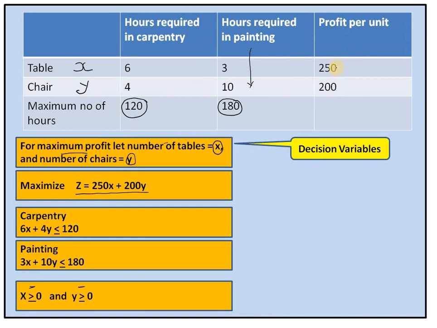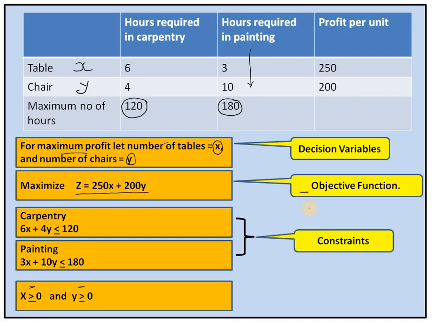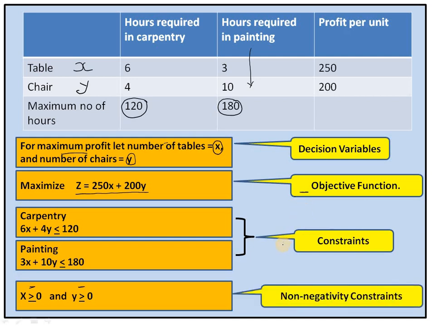Understood? Then we have to maximize profit, that is known as the objective function. These are constraints, and this is the non-negativity constraint. X and Y can only be positive or 0.